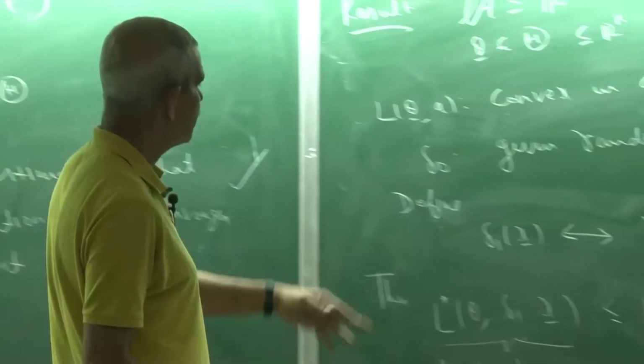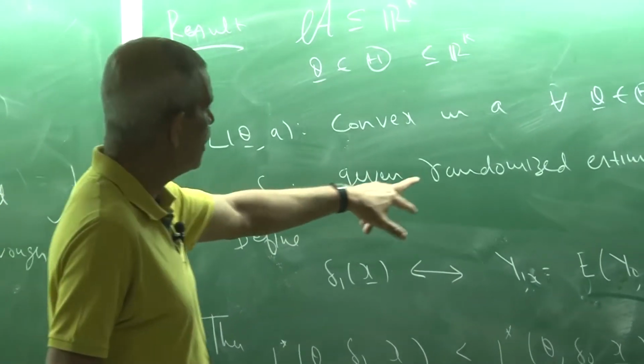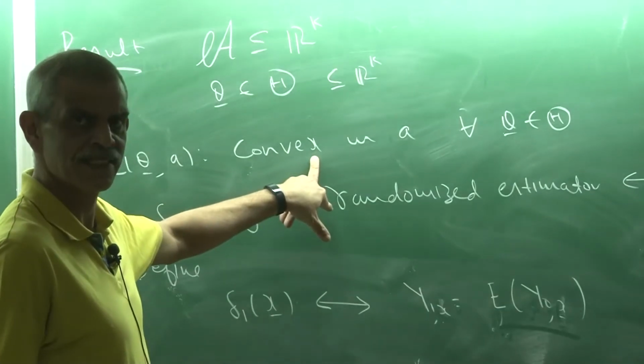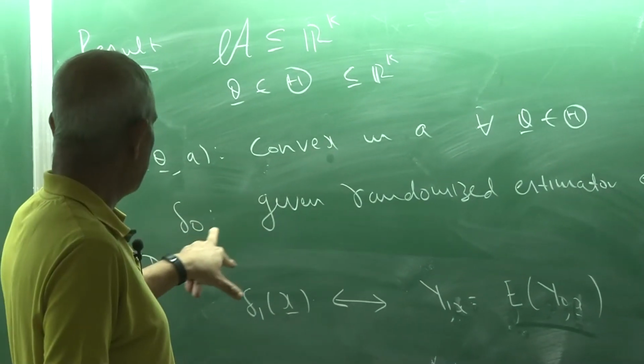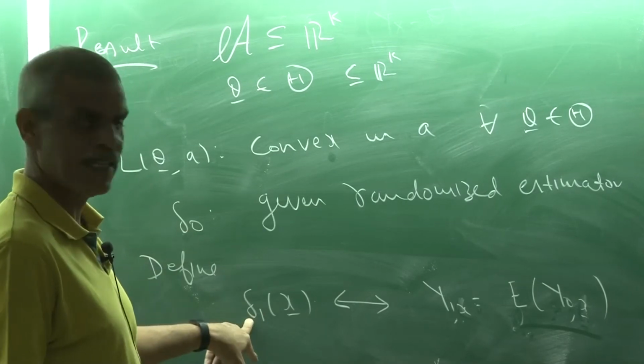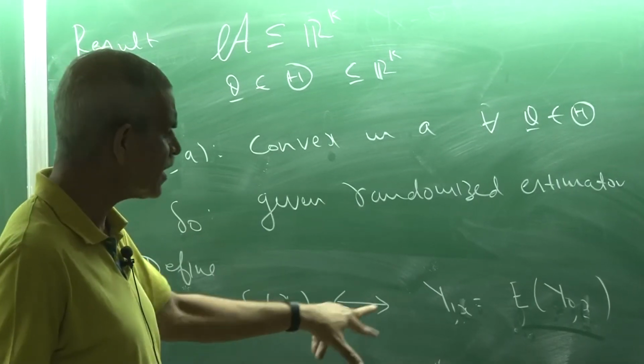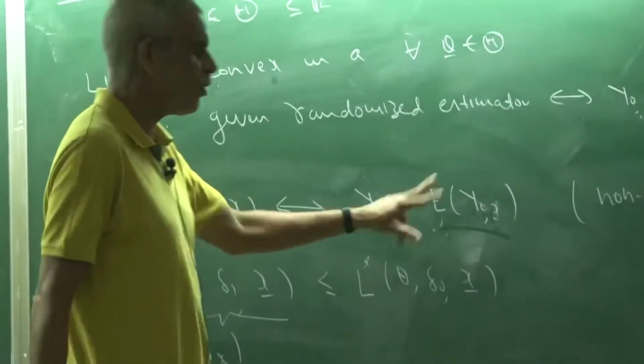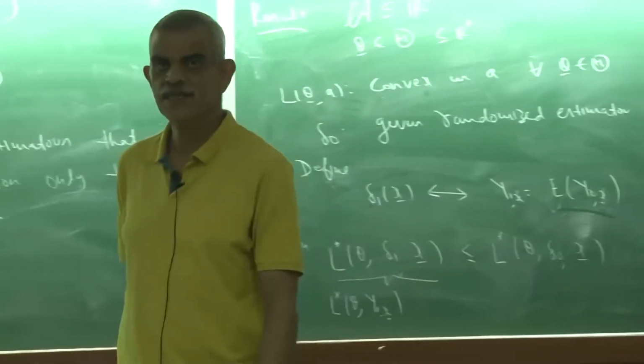So, what it says is that if your loss function is convex, then given any randomized estimator delta naught, you can get a non-randomized estimator delta 1 of x whose risk is smaller than that of the randomized estimator.